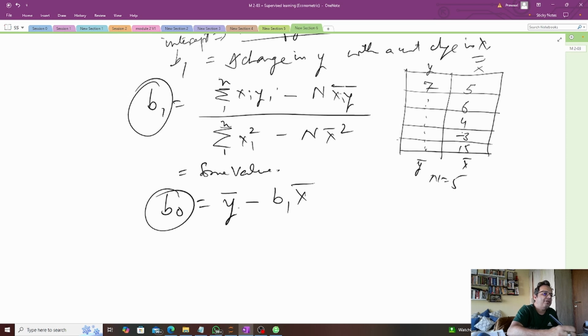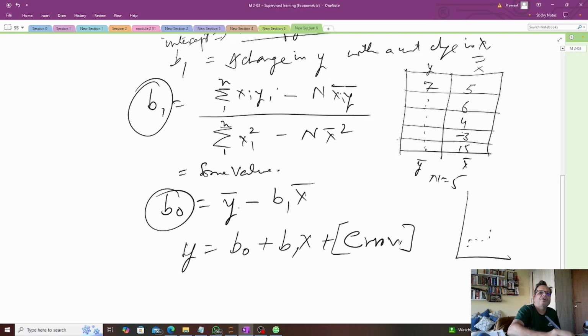At the end of the day, there is an intercept, and then there is a coefficient of x, plus there is some error term. Now this error term is something, because as I was telling you, if your dots are like this and your line is like this, then this is your error term, right?